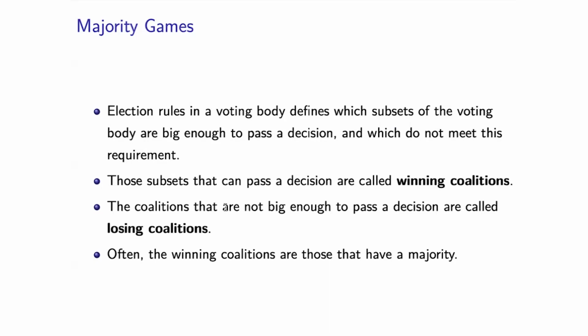So sometimes, we might have an electoral system where it's majority voting, in the sense that if at least half of the members are willing to vote in favor of one, then their decision is going to be respected. But you might also have a more complicated system where just a simple majority might not be enough.